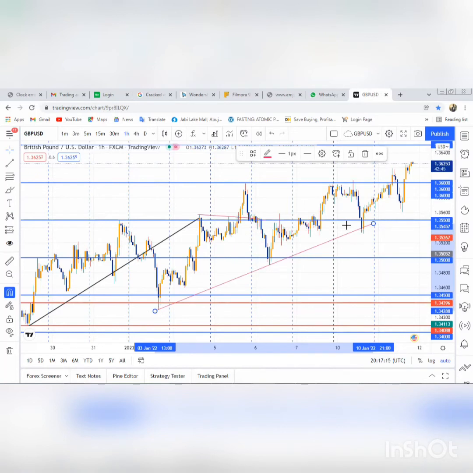So we had the first touch, we had the second touch. Automatically we have a valid trend line. Then the third touch confirms it, guys. Third touch confirms it. So let's look for more examples.